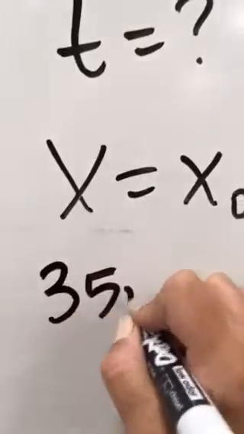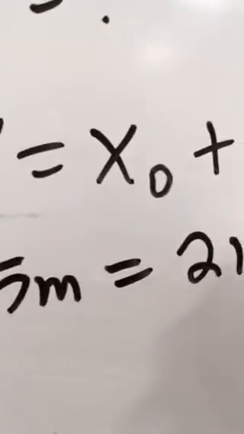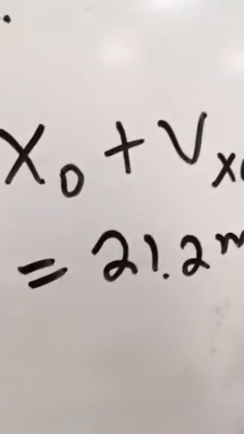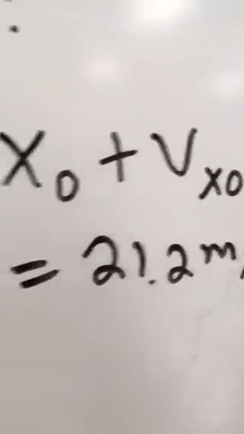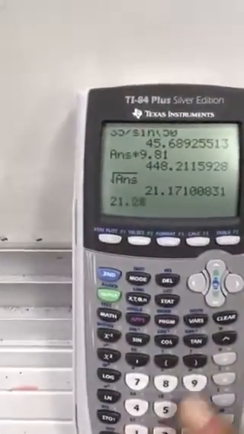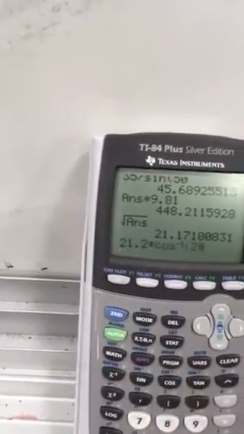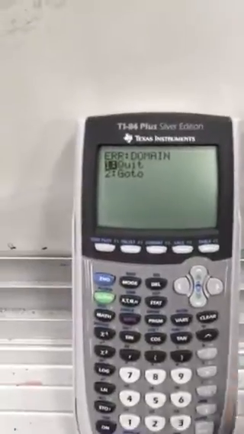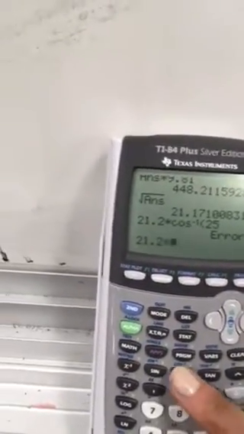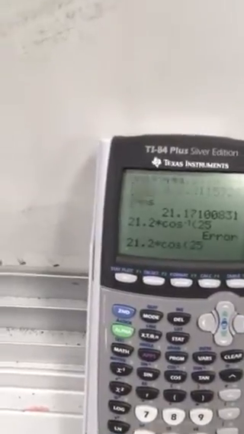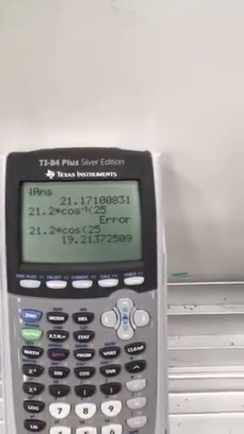So I have 35 meters equals 21.2 meters per second times the cosine of 25 degrees times t. So I have 21.2 times the cosine of 25. Oops, I did not press that right. I get 19.2.